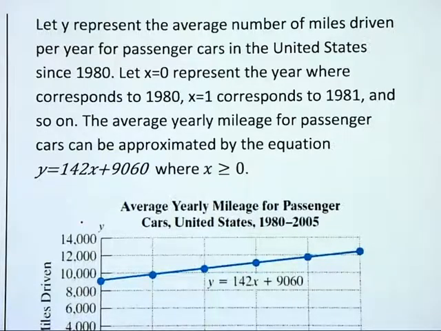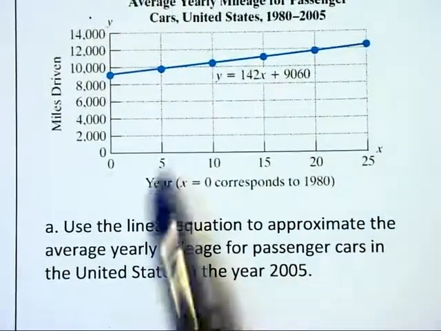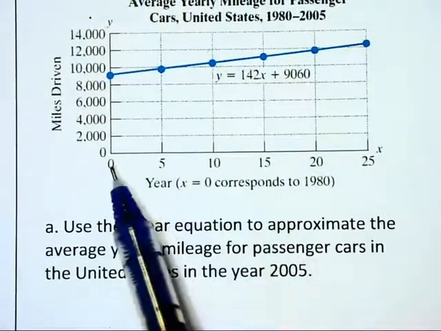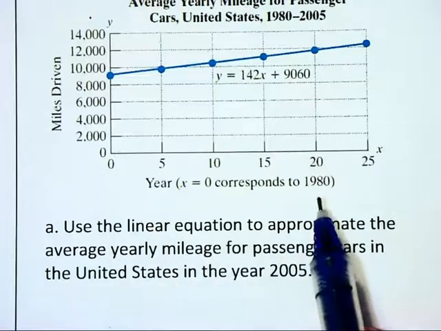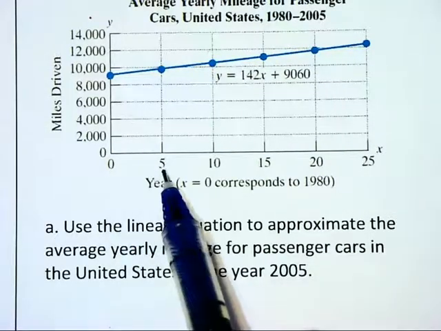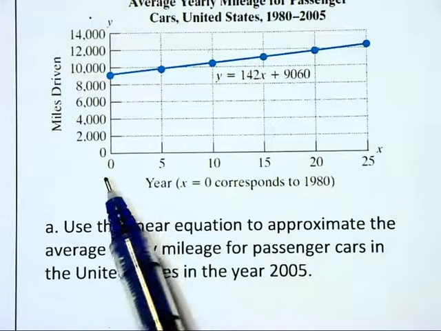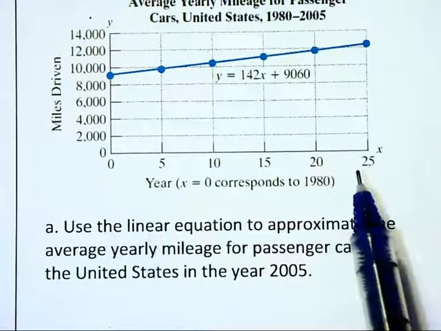This next problem takes up a little bit more space, but we need to somehow figure out what's going on here. Please read the problem. I'd like to call attention to the scaling here. Notice how the year starts with 0 representing 1980. This is a fairly common pattern in word problems because you don't want to have x values of 1980, 1985, 1990, etc. It's a lot easier to substitute in values such as 0.